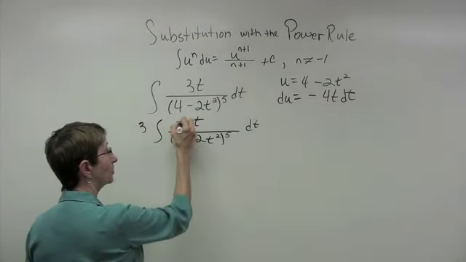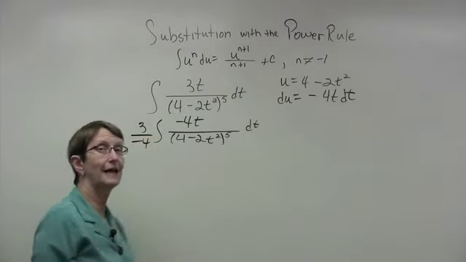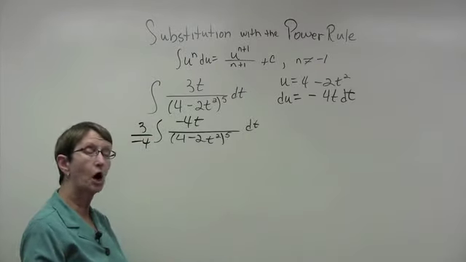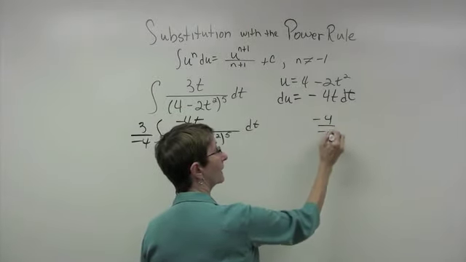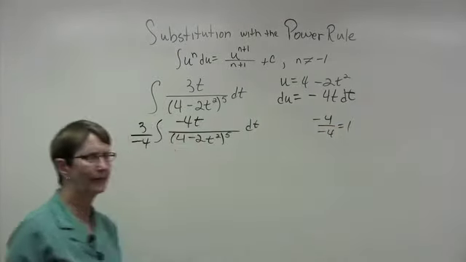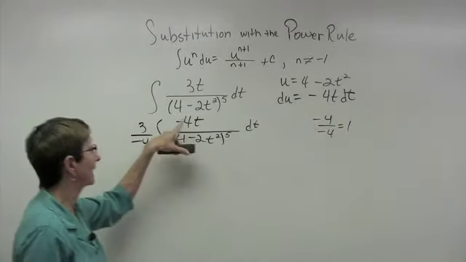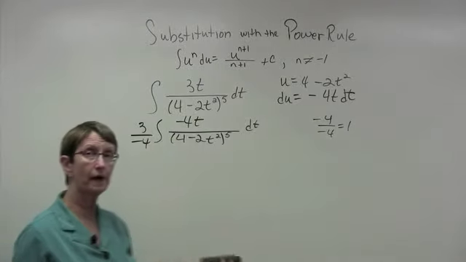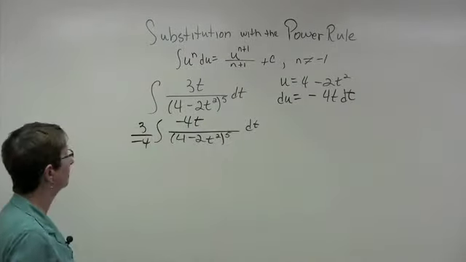But I can put in a constant as long as I remember to take it out. Remember that you can always multiply by 1, and negative 4 over negative 4 is 1. And that's what I have here, a negative 4 on top and a negative 4 on the bottom. So I have not changed the value of the integral at all.